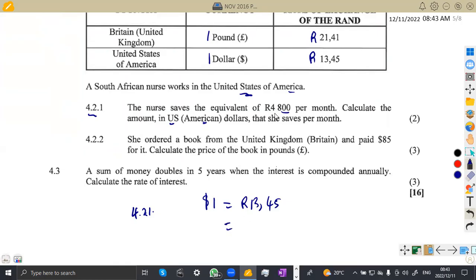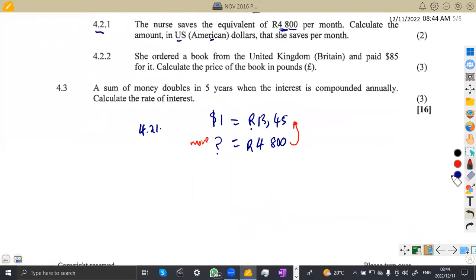So we are going to write the amount here in rands under the rand part, which is 4,800 rand. So what is the equivalent now in dollars? That is the question. So you can see it's going to be more. So it's going to be the total over this multiplied by a dollar. So we're going to invert. So we are going to have 4,800 over 13.45 multiplied by a dollar. So the amount is now in dollars.